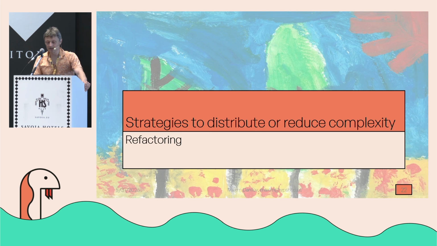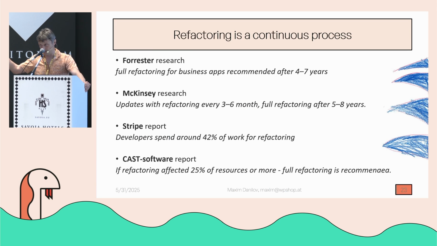Okay, and let's go to the strategy of how to reduce code complexity or distribute complexity. Refactoring. Every time I see, we should refactor it. Oh, we need the whole refactoring. And these are exactly the numbers for how developers think about refactoring.